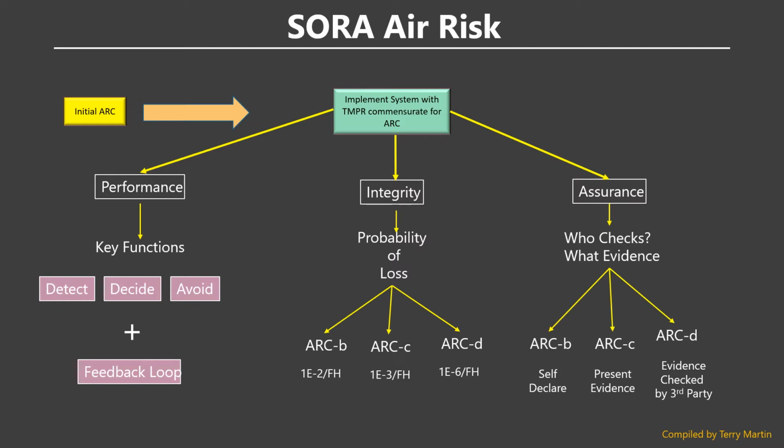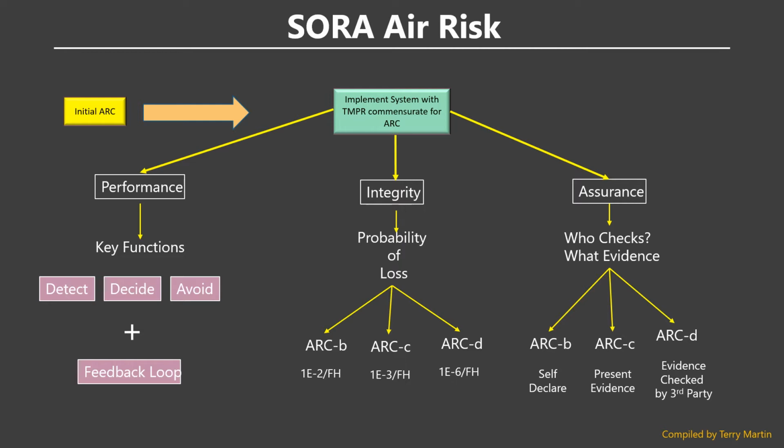It's probably going to be a little while before I get to the air risk stuff at the end of the presentation, but just to give you an idea what the TMPRs look like, basically it's broken into three elements: performance, integrity, and assurance. So the two on the right-hand side are intuitively aligned with the acronym for SAIL, which is integrity and assurance levels.